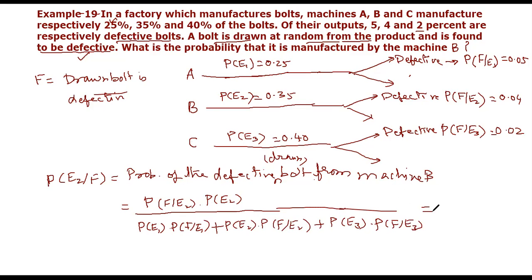So this will be equal to probability of F given E2, which is 0.04, into 0.35, divided by 0.04 into 0.35 plus the others.